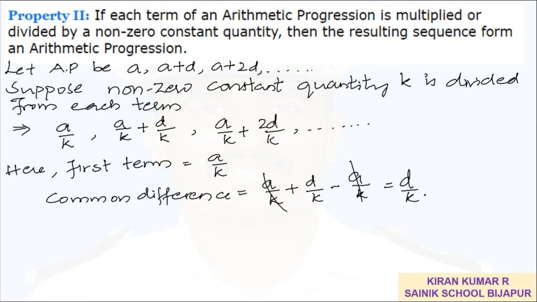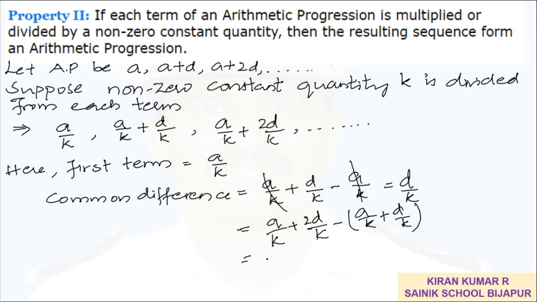Do we get the same common difference if you consider the next two terms of the sequence? Suppose I consider the third term, a by k plus 2d by k, minus the second term, a by k plus d by k.